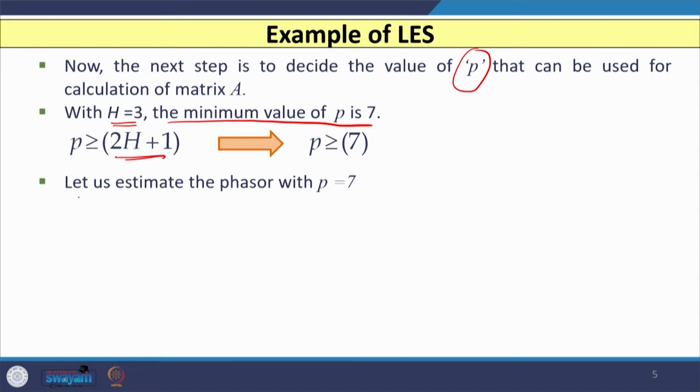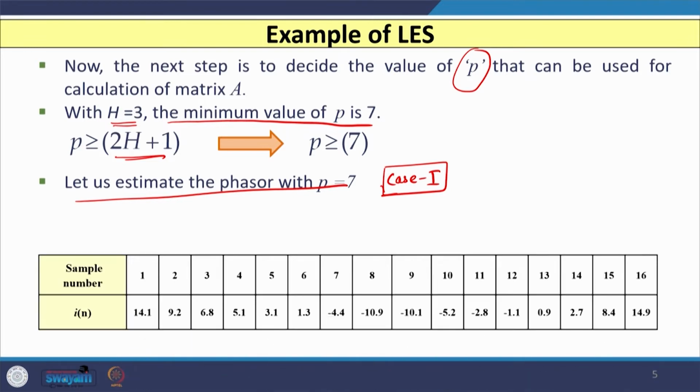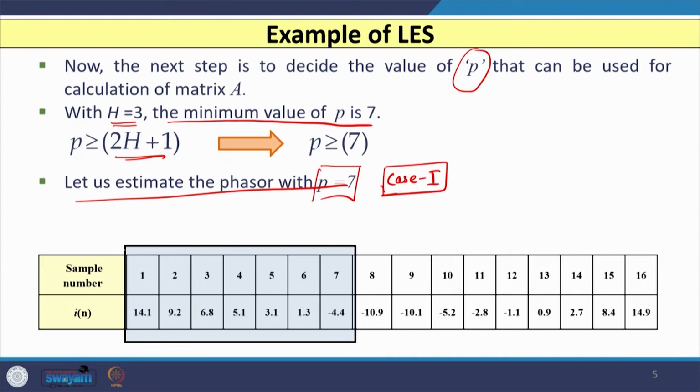Let us consider the first case, case number 1, in which we consider the value of P as 7, exactly the same as the number of unknowns. Here these are the 16 samples, and when we use these samples and consider P equal to 7, the window becomes like this.